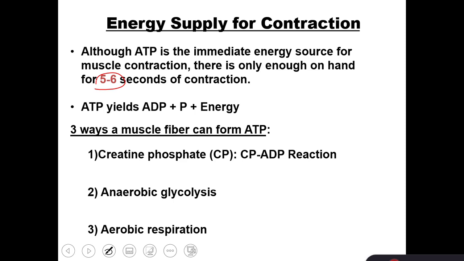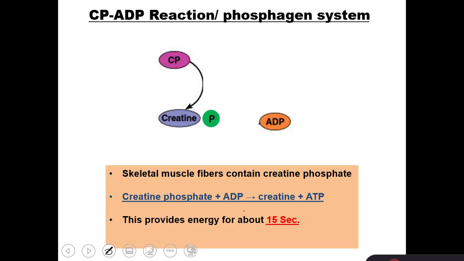The first source is creatine phosphate. Then there is anaerobic glycolysis, then aerobic respiration. So let's do the creatine phosphate. Here we have the creatine phosphate that we have in our muscles.